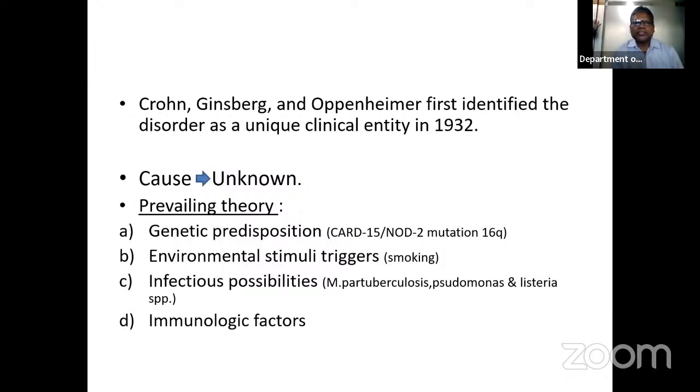The exact cause of this disease is unknown, but there are some prevailing theories that it is multifactorial: genetic predisposition, like CARD15 or NOD2 mutation on chromosome 16q; environmental triggering factors, like excessive and continuous smoking; infectious possibilities, like Mycobacterium paratuberculosis, Pseudomonas, and Listeria; and not least, immunological factors, with a response to particular antigens either through diet or through microorganisms.